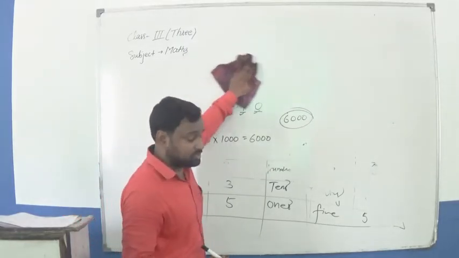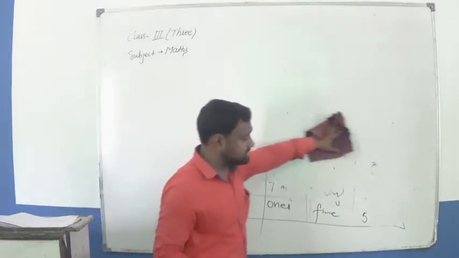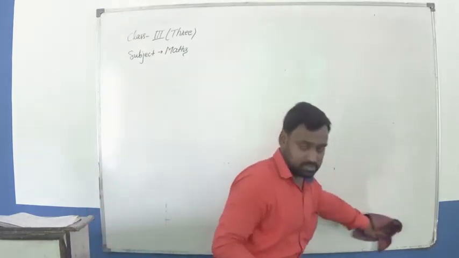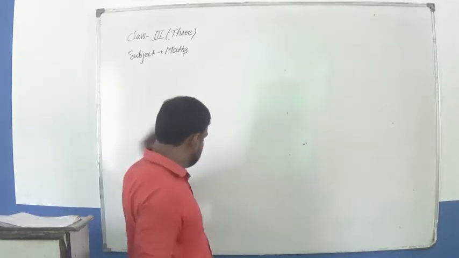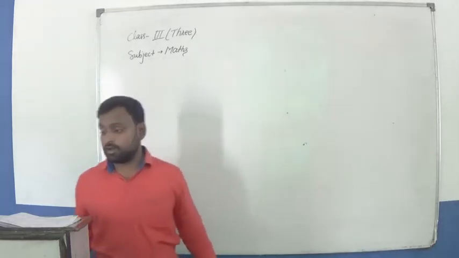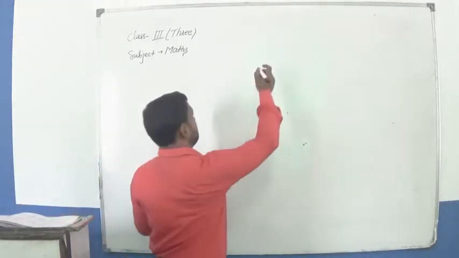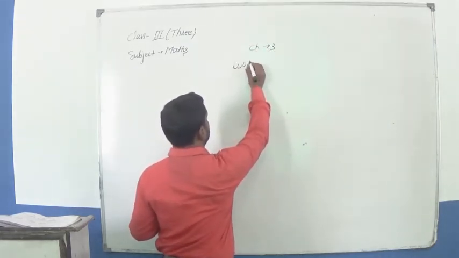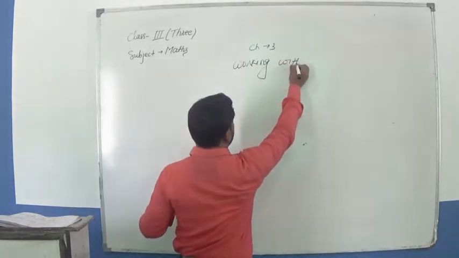All are easy questions. Now, today we will start your 3rd chapter. This is the recap of your previous chapter. Today we are going to start your 3rd chapter, that is Working with Numbers.